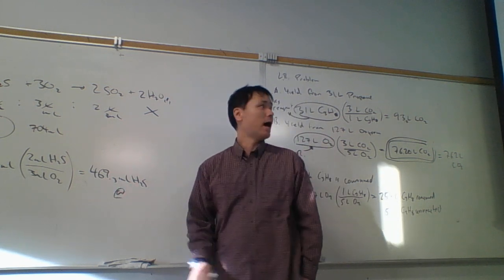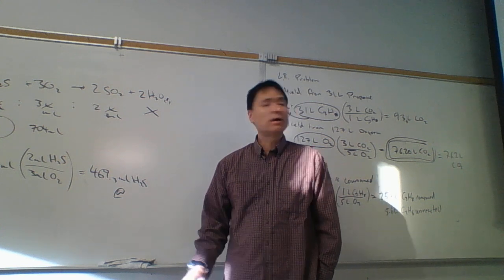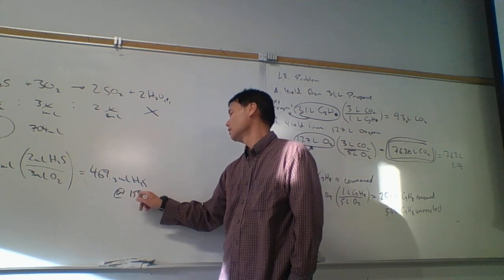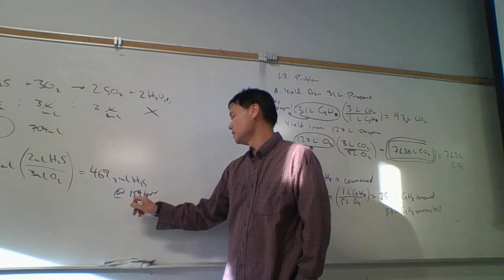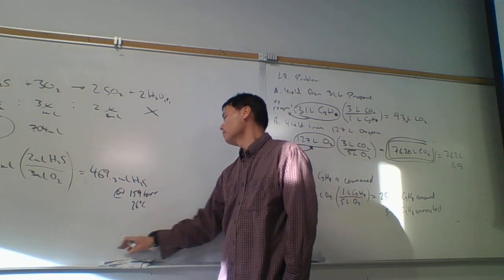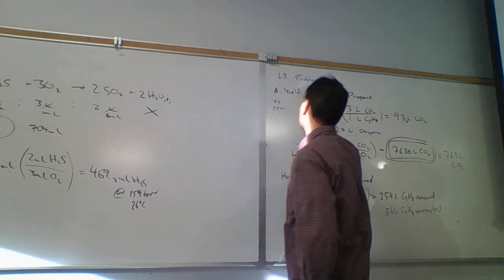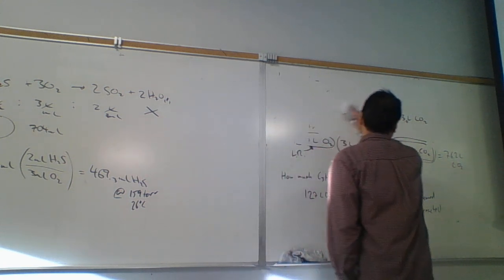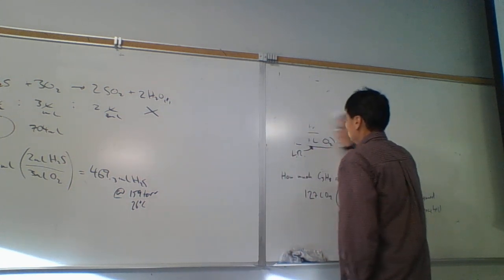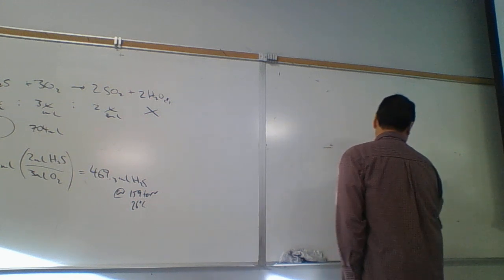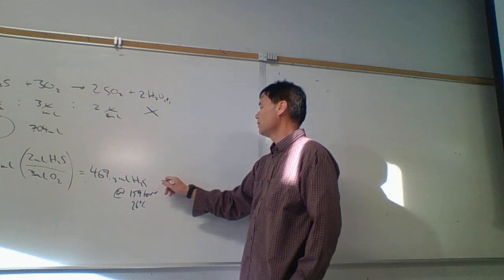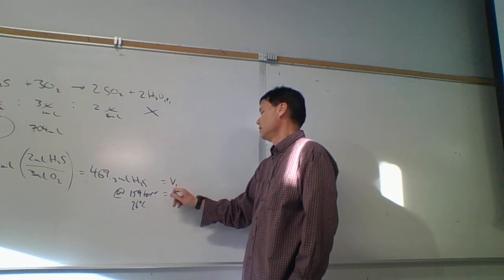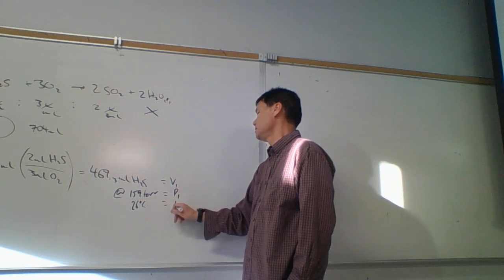This is going to be at 159 torr and 26 degrees C. Your book likes to do it this way. Your book likes to do the combined gas law, so they're going to call this V1, P1, T1.